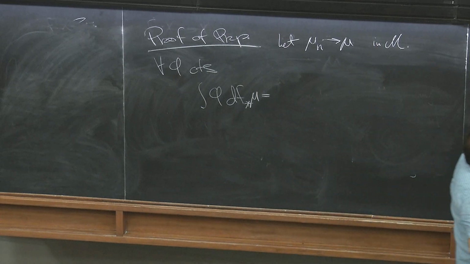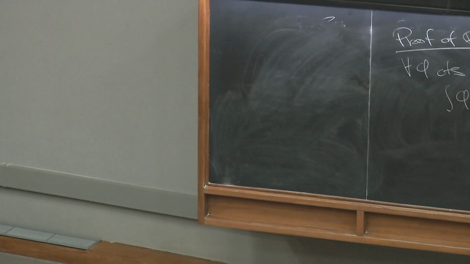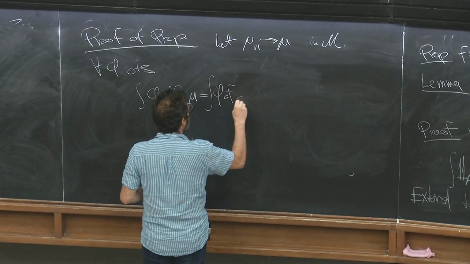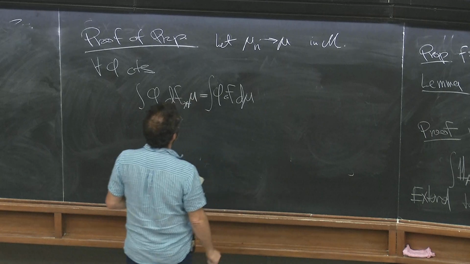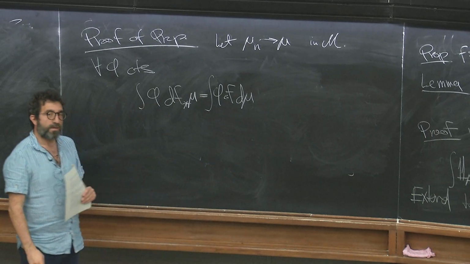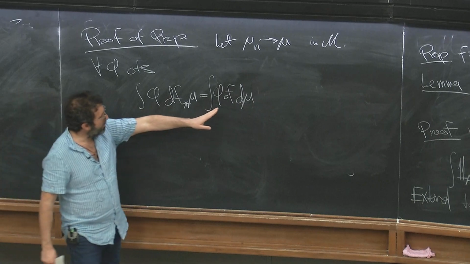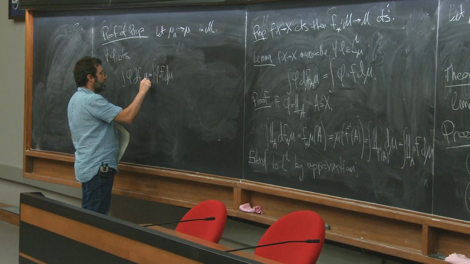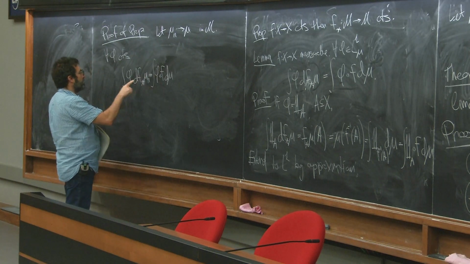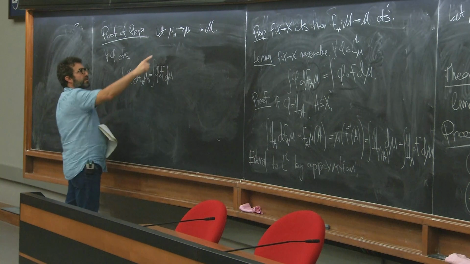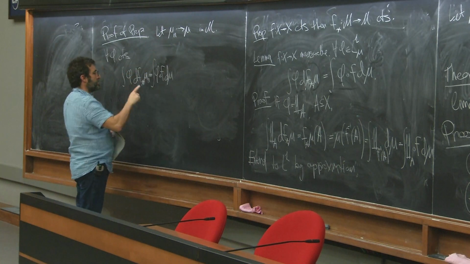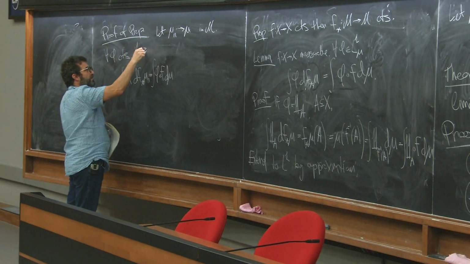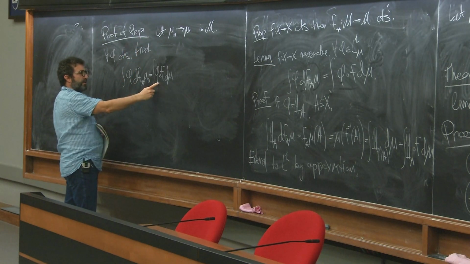Okay, so we apply now this lemma. This is equal to the integral of phi composed with f with respect to d mu n. I'm applying the lemma to each of these measures, so for all n, this is true.